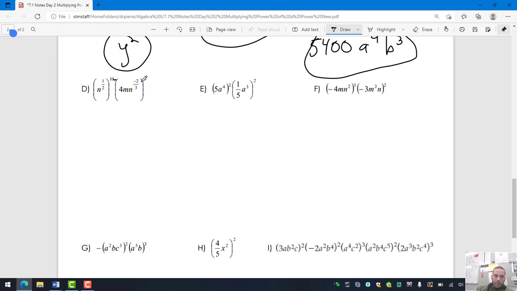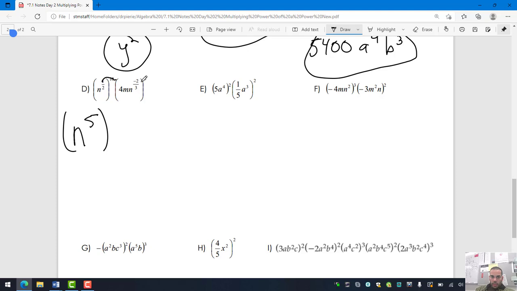Okay, let's keep going. I've got n to the 1/2 raised to the 10th power, and then I've got 4mn raised to the -2/3 power. Just like before, this 10 has to distribute to the 1/2. I'll have n to the 1/2 times 10. 1/2 times 10 should give me 5. n to the 5th power is my first piece.